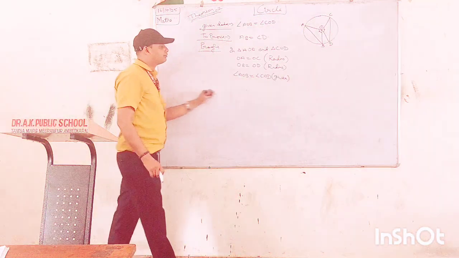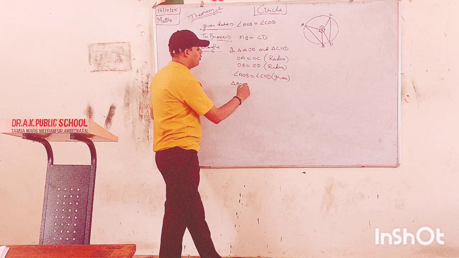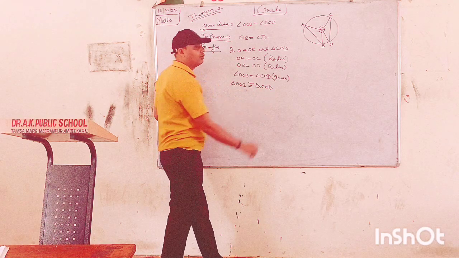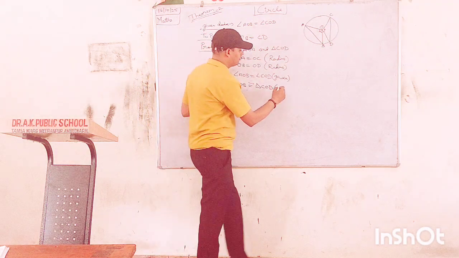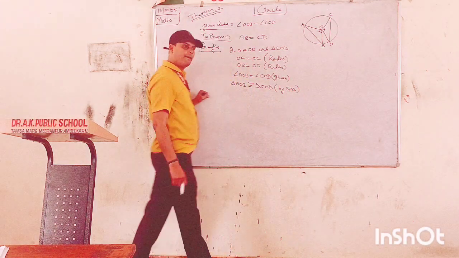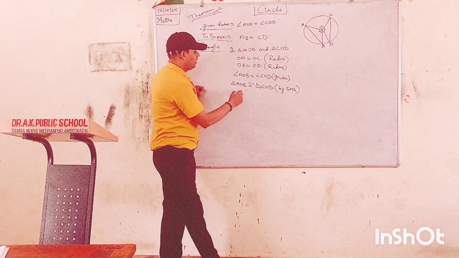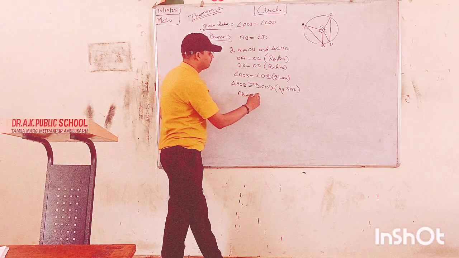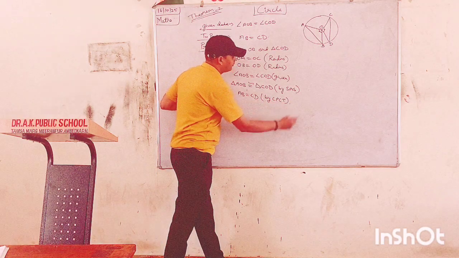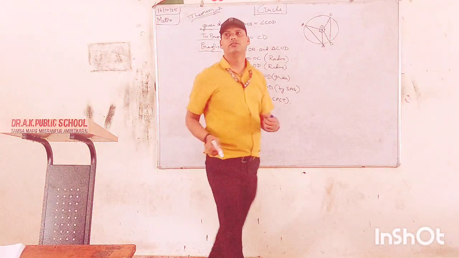It is given, right? So we can say that triangle AOB is congruent to triangle COD by this criteria, SAS criteria. Clear? So again we can say that AB is equal to CD by CPCT. Clear? Let's go down fast.